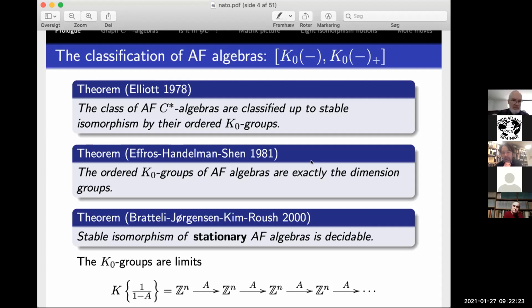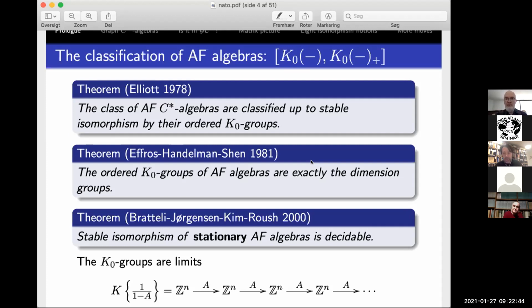May I interrupt, very briefly, while you have this slide? I think that it should be borne in mind that the category of ordered groups that arises with the AF algebras, this is exactly the same category. Surprisingly, it's the same category as Bradley diagrams if you turn those into categories.